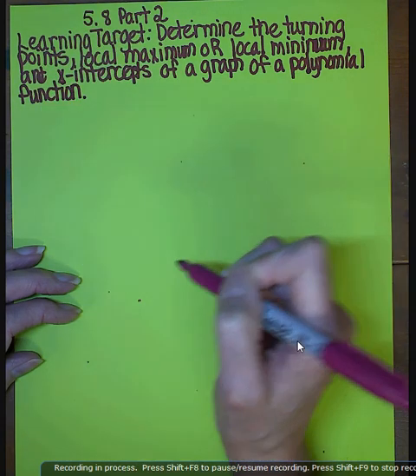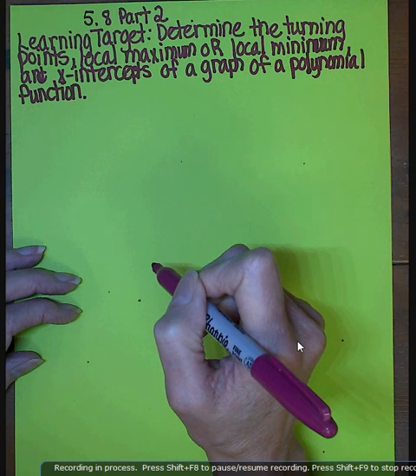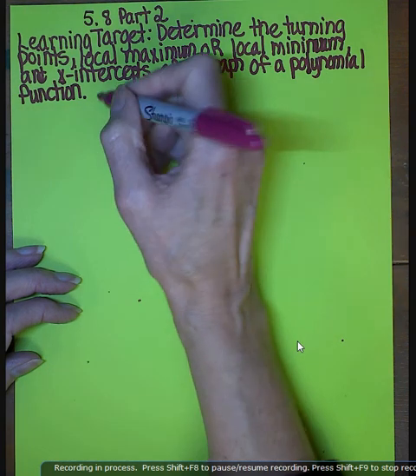These are just important points on our graph of a polynomial, and we haven't talked about them yet.